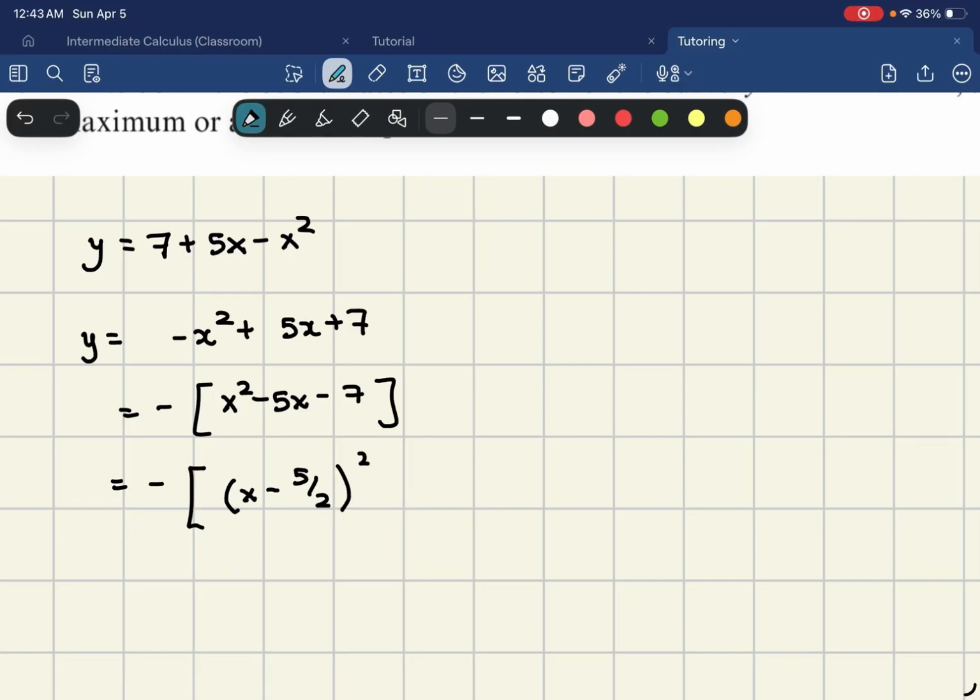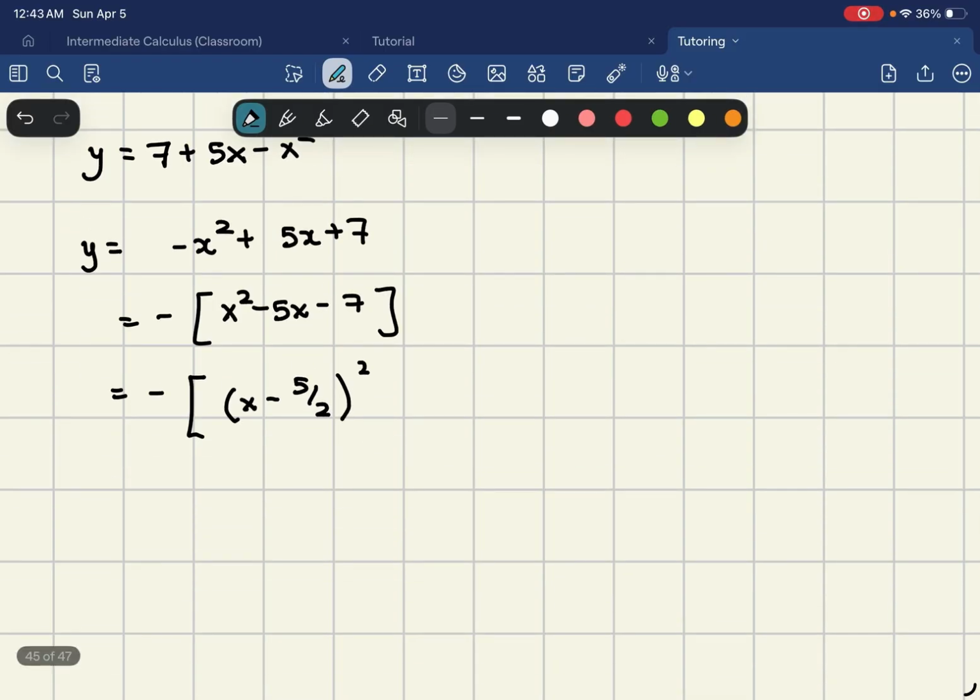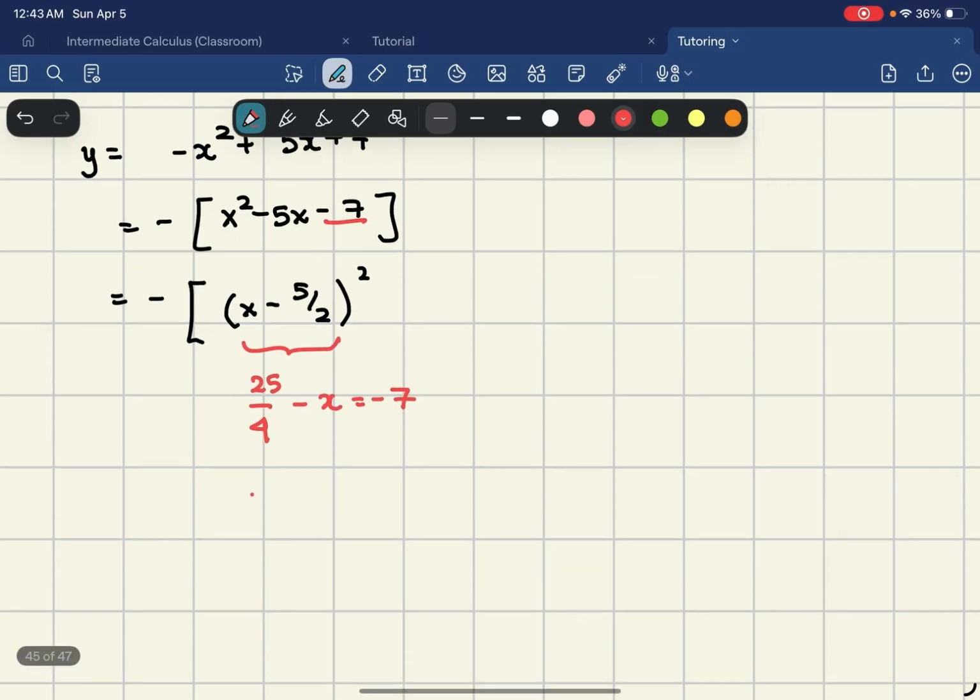So I get x squared minus 5x, but I also get something extra. I get 25 over 4 here. And I don't want 25 over 4. I need to subtract something. I need to get not only to 7, but to negative 7, right? So I have 25 over 4, but my goal is negative 7. So I need to subtract something from 25 over 4 to get to negative 7.